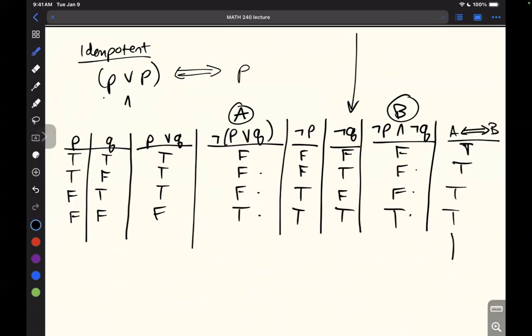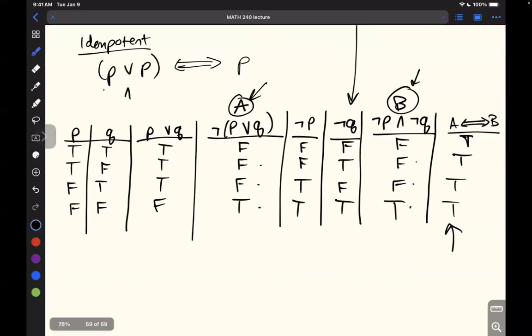And we prove in this column that it's all true. Therefore, the statement A will always be equivalent to the statement B. Okay. Any questions on that? Great.